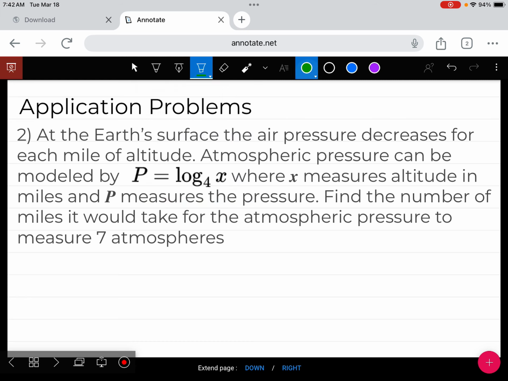So which piece of our formula do we know? Well, 7 atmospheres would mean 7 miles. Is that the miles? Oh, wait, no, that's the pressure. That's the pressure. So that is the P.